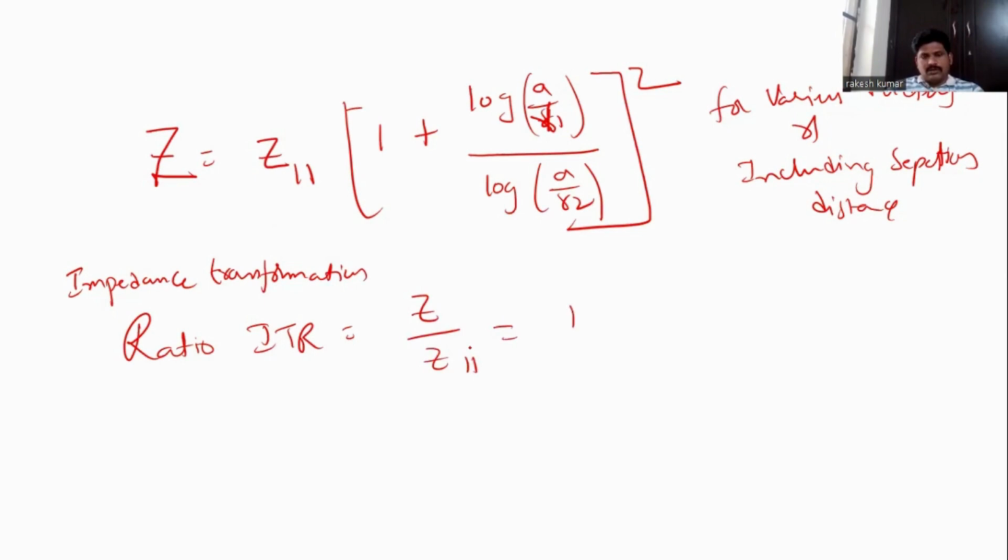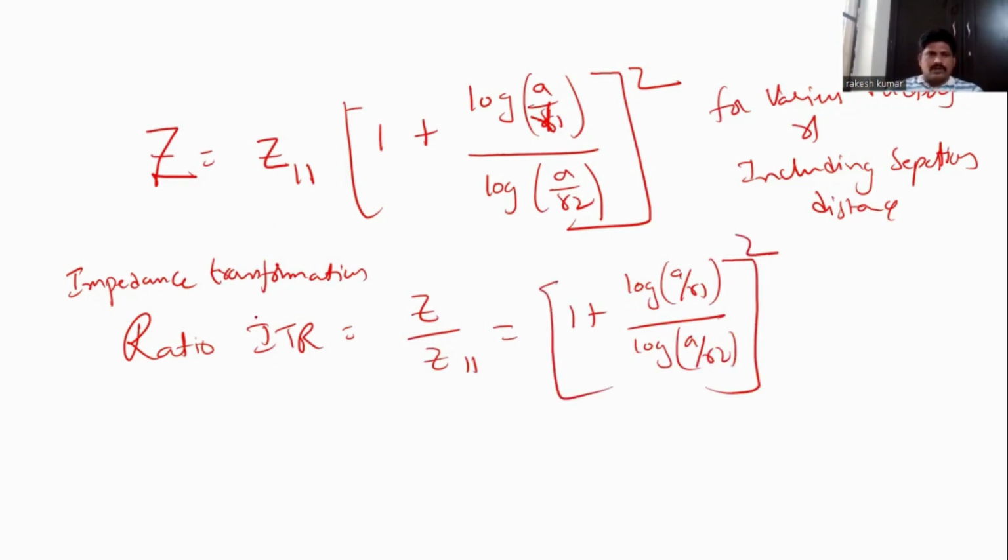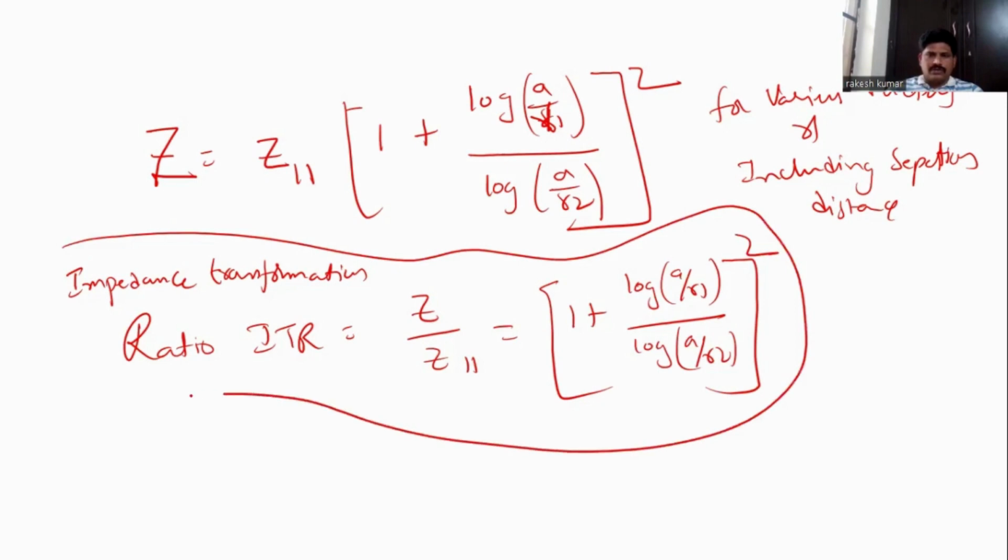Its value is 1 plus (log of A by R1 divided by log of A by R2) whole square. This is the impedance transformation ratio, represented with ZR.